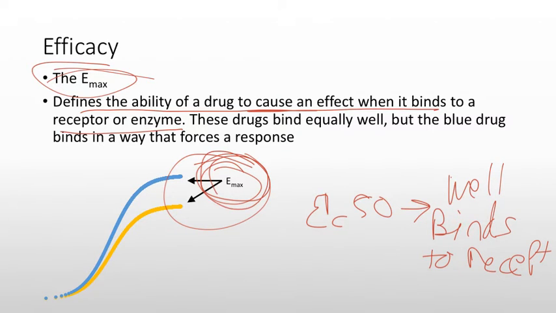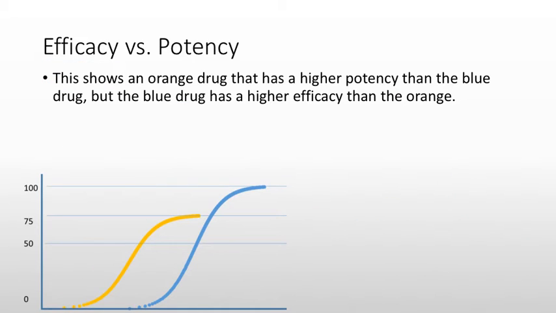This is called efficacy. Now, efficacy typically is considered way more important than potency. Here I've graphed two drugs, so you can see that the efficacy of this blue drug is much, much higher, and the potency of this yellow drug is much, much higher. So I would say EC50 is about right here versus about right here.